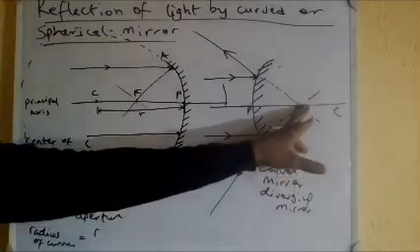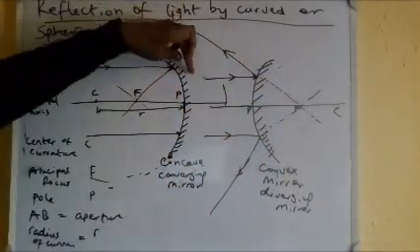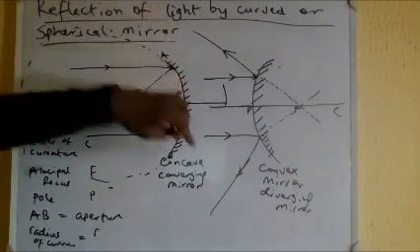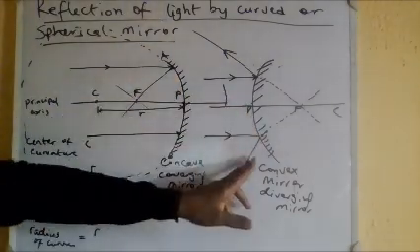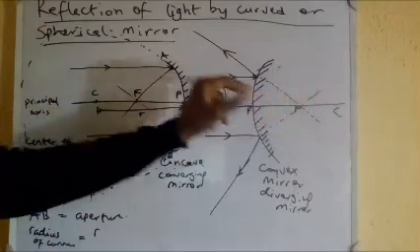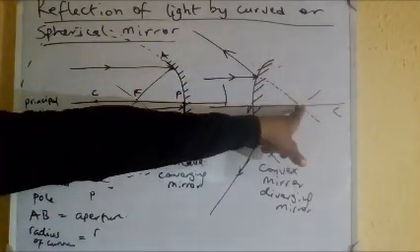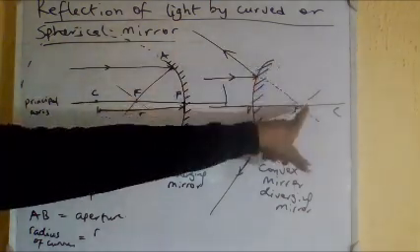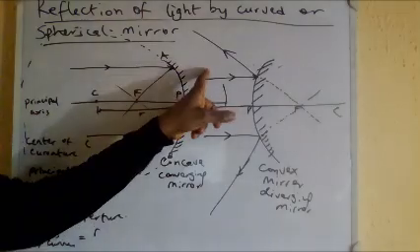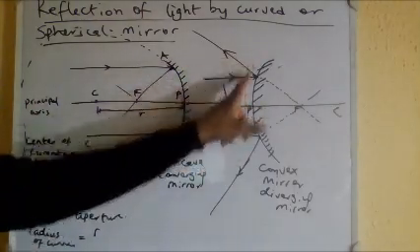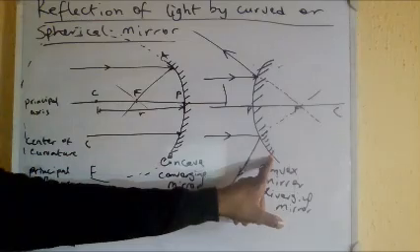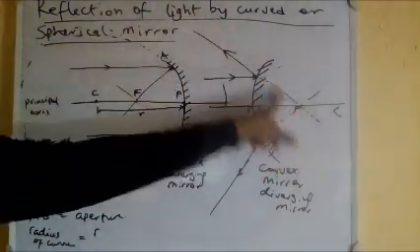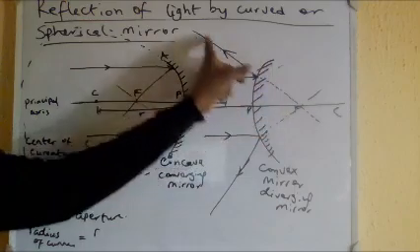So it's diverging from here, but normally it goes like this and reflects, goes like this and reflects. But if you extrapolate the reflected ray backwards into the mirror, there's a point where they meet. That point is the focal point. The focus is the point from which rays parallel to the principal axis of a diverging mirror appear to diverge after reflection.